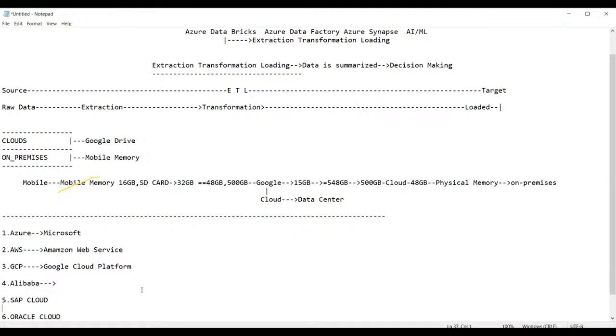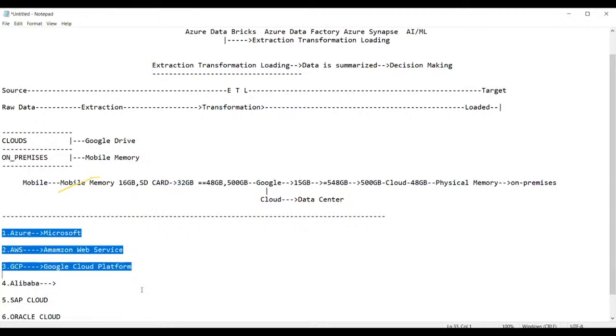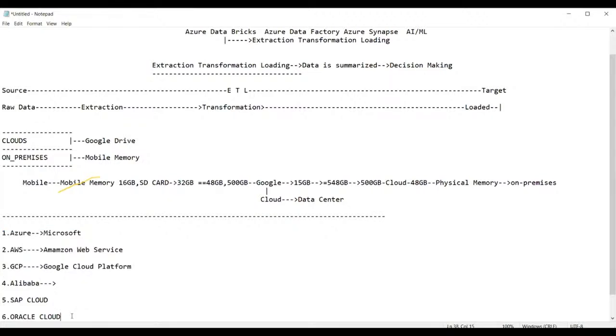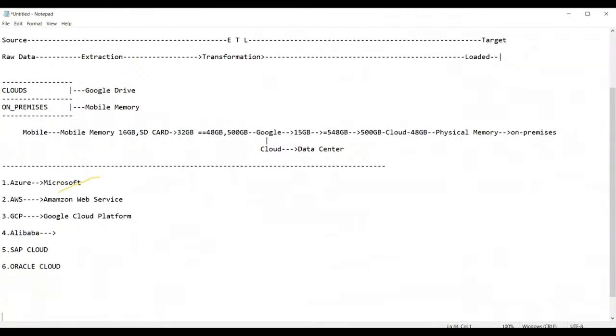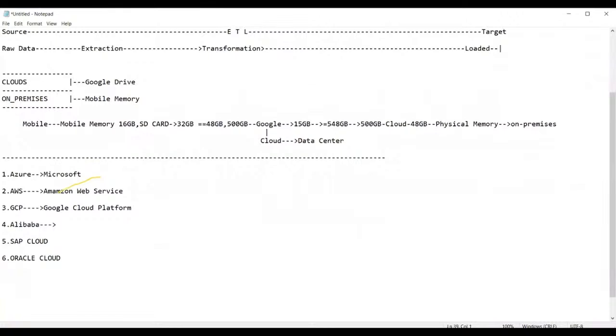But the market leaders are the first three, and number one is Azure in providing cloud services. So now, guys, these cloud services are basically classified.